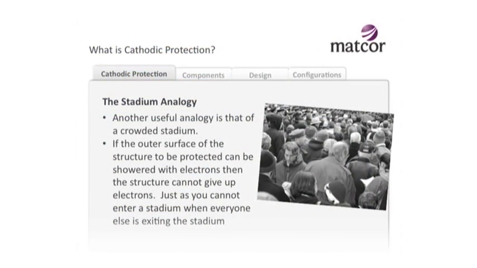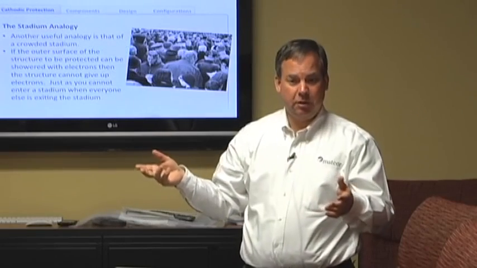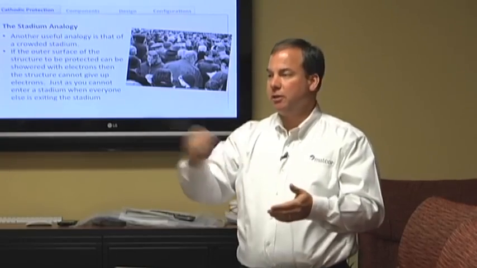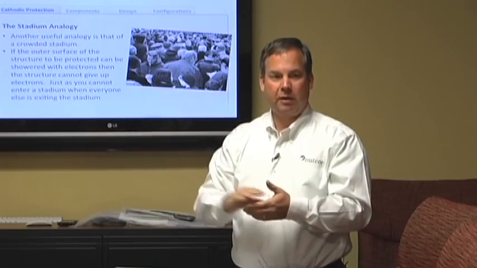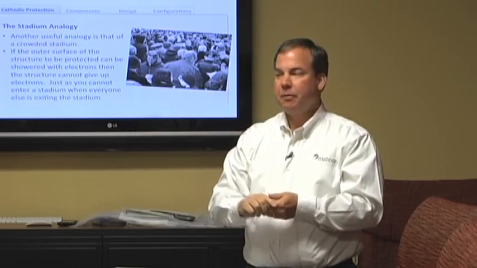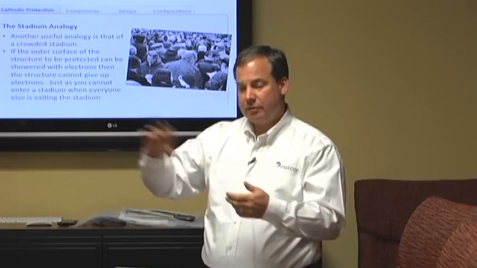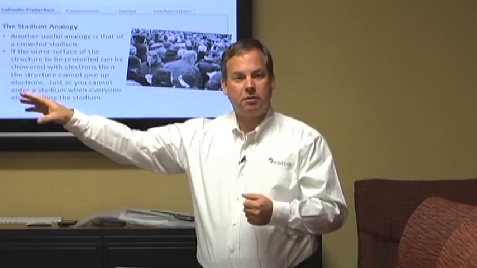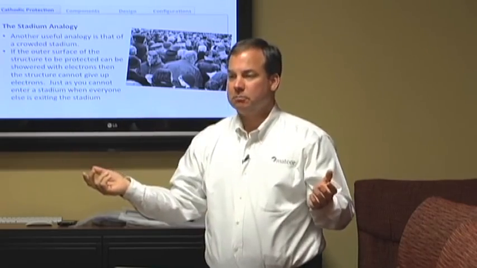Another analogy I like to use is the stadium analogy. In the stadium analogy, again, we talked about electrons flowing onto the surface. Corrosion, the oxidation reduction reaction if you're a chemistry person, is basically about losing electrons, losing negative charges, as part of that reaction. So if you can bombard the surface with electrons, the structure can't give up electrons.